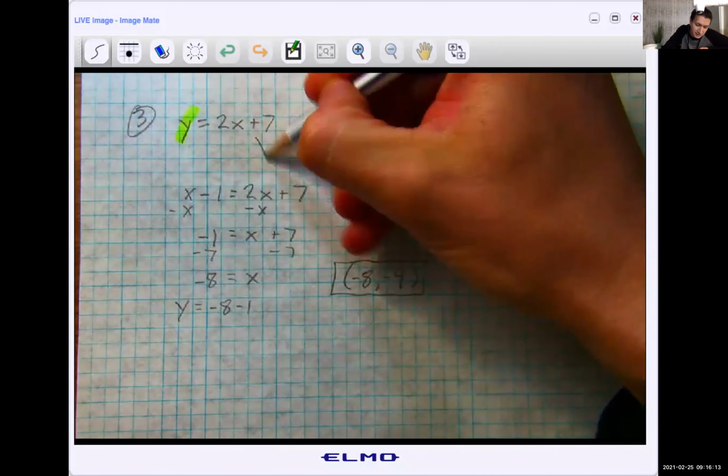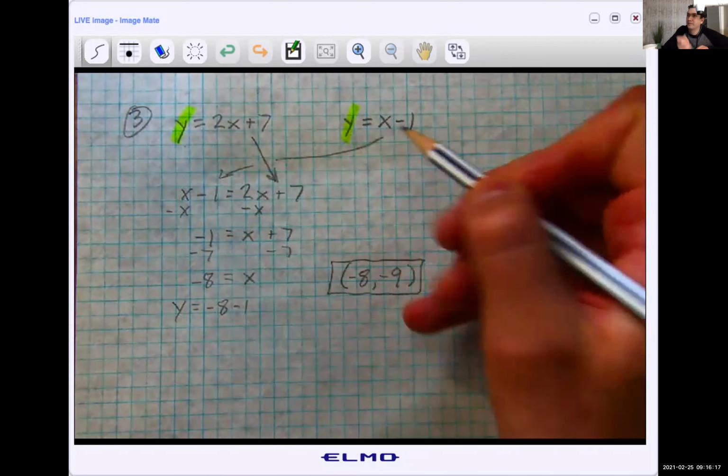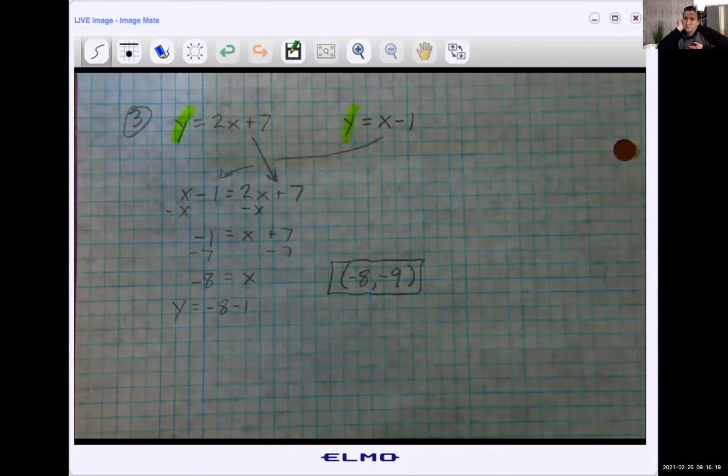The 2x plus 7 came here, and the x minus 1 was over here. Okay, thanks, Ethan. Thanks, Maya. Yeah, that's what I was thinking too, Nandika.